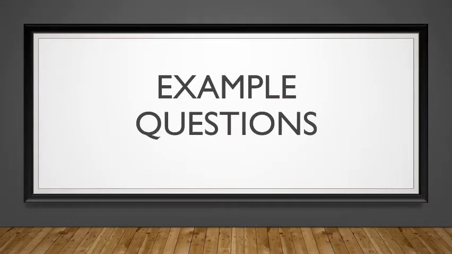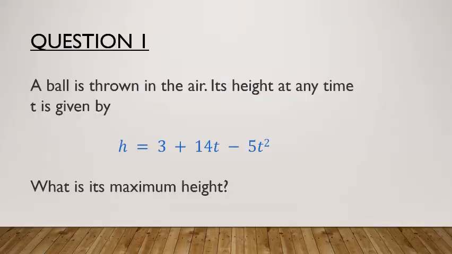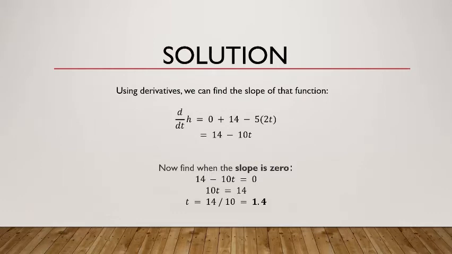So, the example questions. The first one is, a ball is thrown in the air. Its height at any time t is given by h equals 3 plus 14t minus 5t squared. What is its maximum height? So, this is the solution for the question above. Using derivative, we can find the slope of that function.